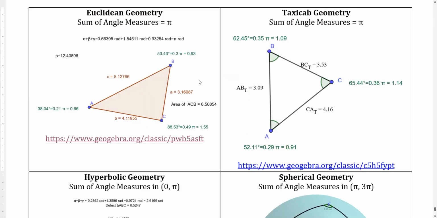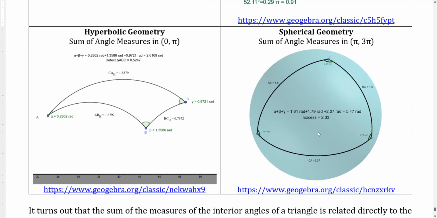So once again, in Euclidean geometry, the angle measures sum up to pi. In taxicab, you get the same result, different length measurements on the triangle, but the angle measures are the same. In hyperbolic geometry, the sum of the angle measures is always less than pi radians, so there's always a defect, an amount that you're underneath that.